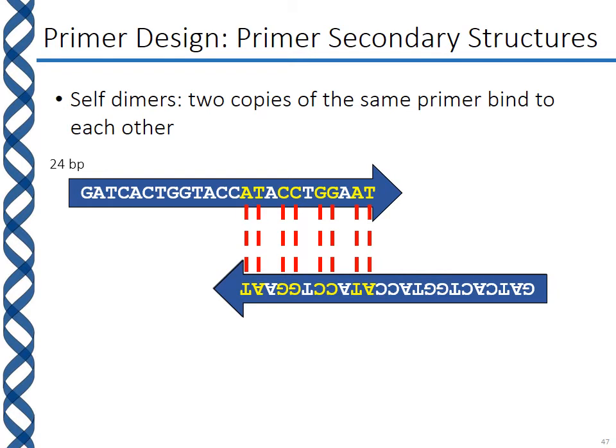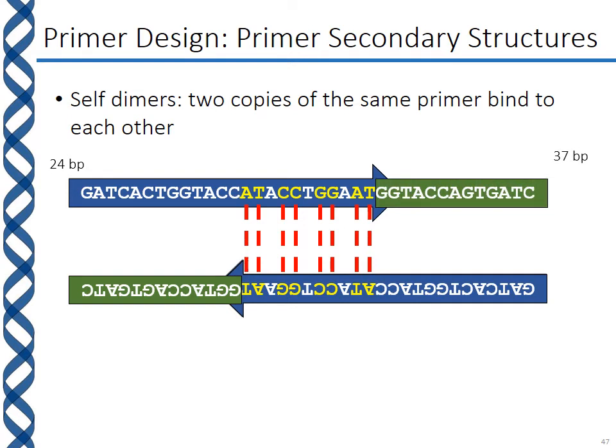And what this will result in is what we call primer dimers. The reason for that is that the polymerase will come along and, just as though the PCR reaction were occurring normally, it will slide down in the direction of the template strand, which in this case just happens to be another copy of the same primer, and will put down the complementary base pairs, and another copy of the polymerase will do the same thing on the other strand.